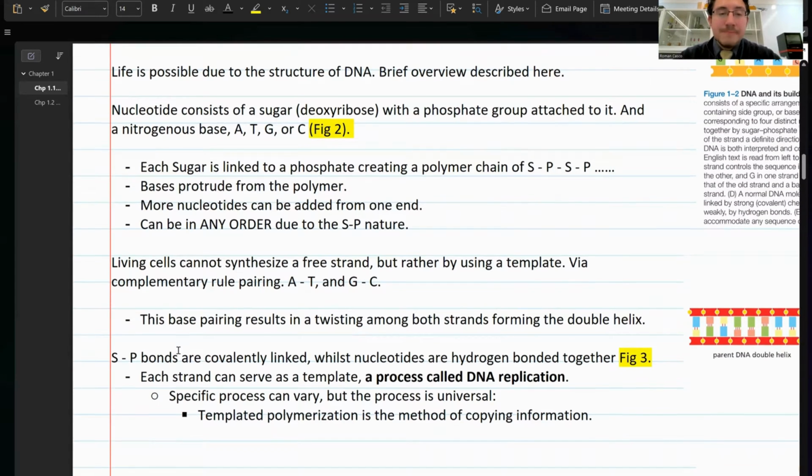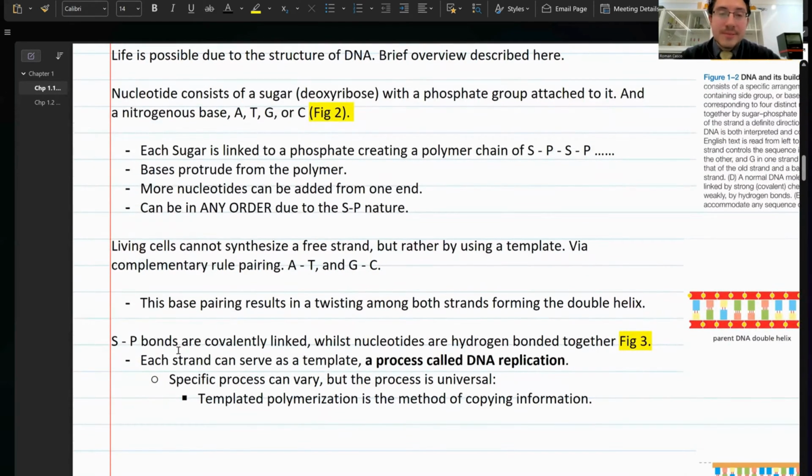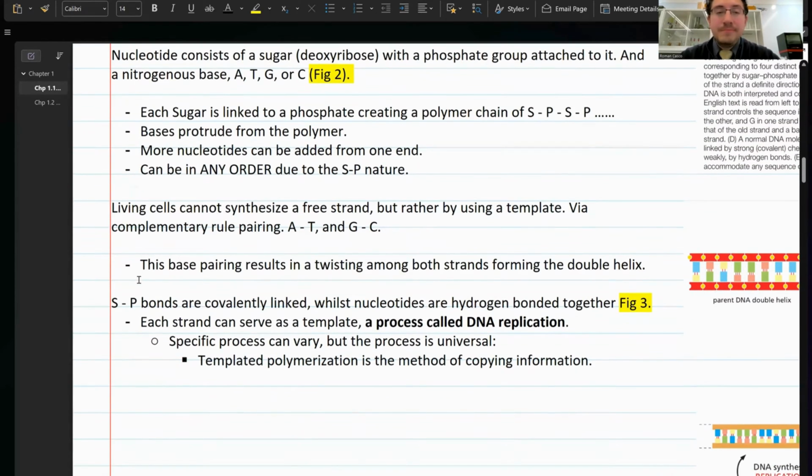Living cells cannot synthesize a free strand, so you have to have a template, generally following the complementary pairing rule: A to T and G to C. Sorry.